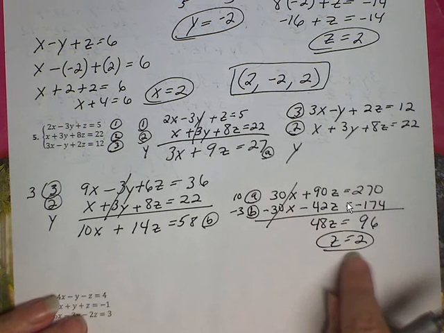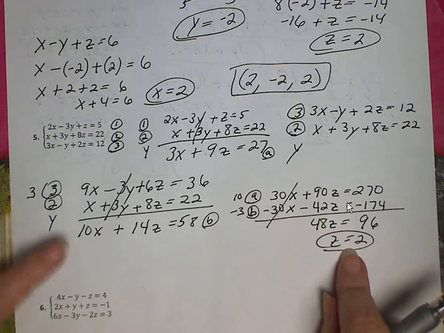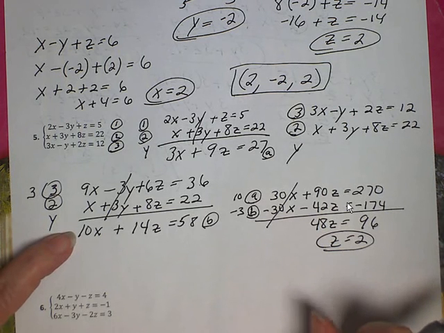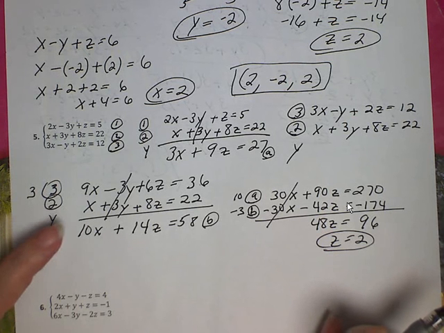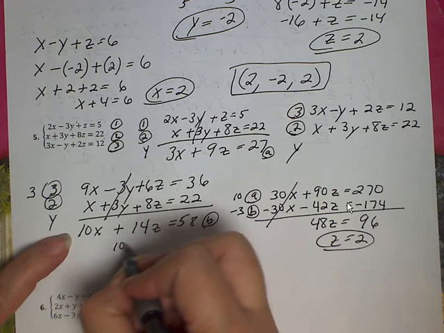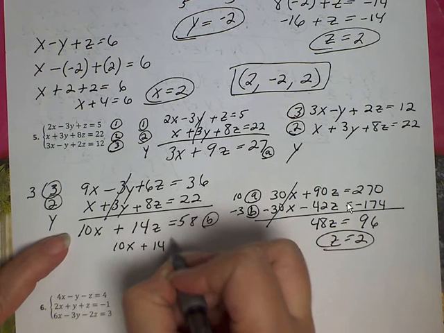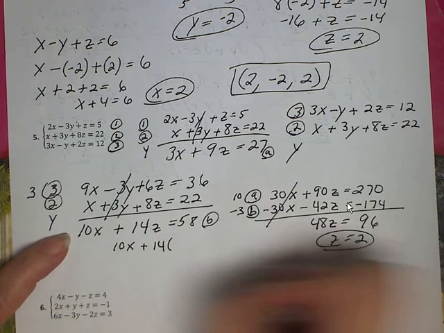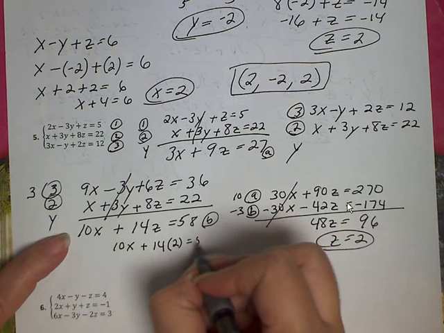Now I know what z is. I need to find out what x is. I can use any of my equations. I'm going to just use this one right here. So I know that 10x plus 14 times z, which is 2, is equal to 58.